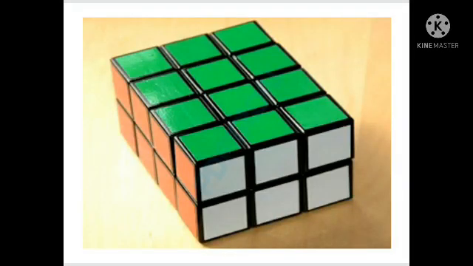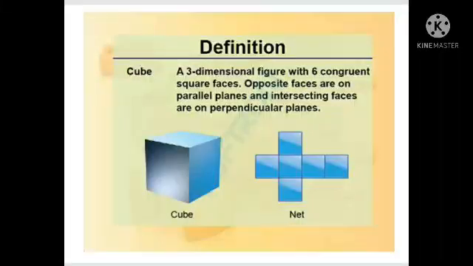To understand this, we have to look at the definition of a cube. The definition says that a cube is a three-dimensional figure with 6 congruent square faces. Most importantly, opposite faces are on parallel planes, whereas intersecting faces are on perpendicular planes.